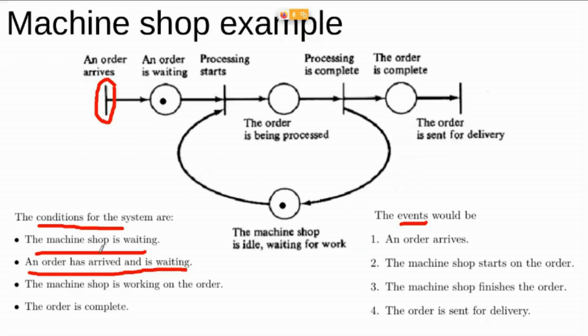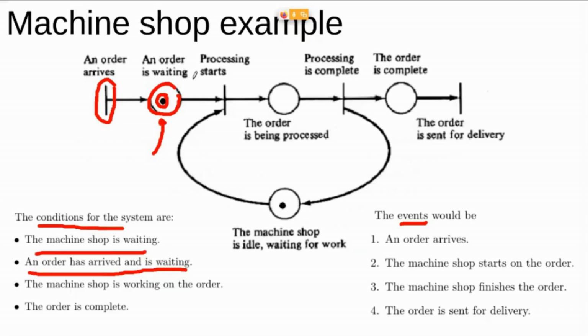So the second state, as you can see here, appears here. An order is waiting. So when an order arrives, this token, this element in here, appears here in this place, and that means that the state of the system is exactly that an order is waiting to be processed.